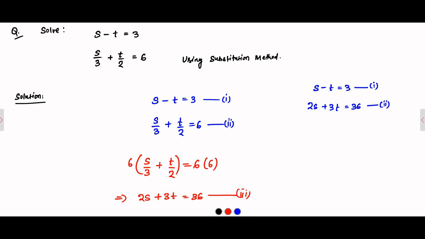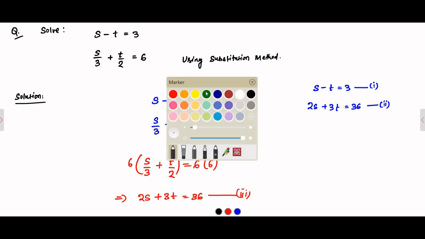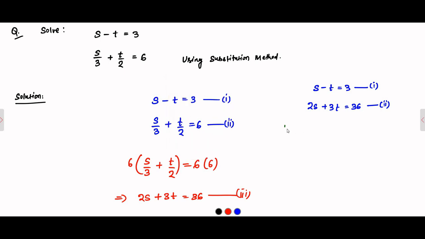Now from equation 1 we have s is equal to 3 plus t. Now we are going with the usual procedure: we are expressing one variable in terms of the other by picking one of the linear equations. We have picked equation 1, s is equal to 3 plus t.